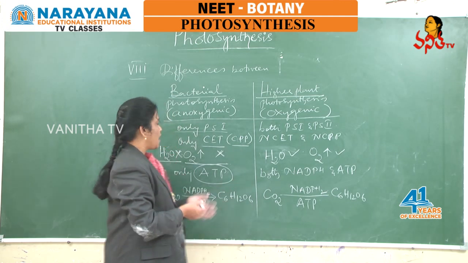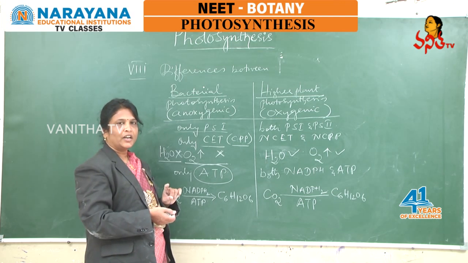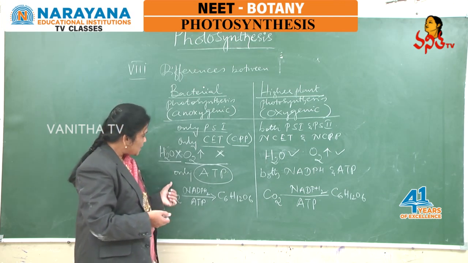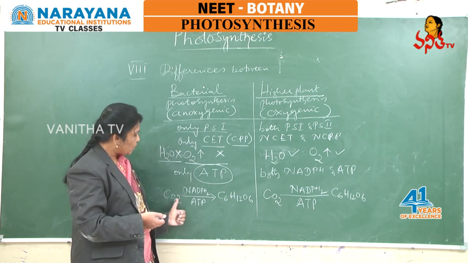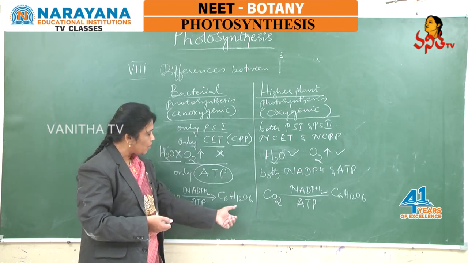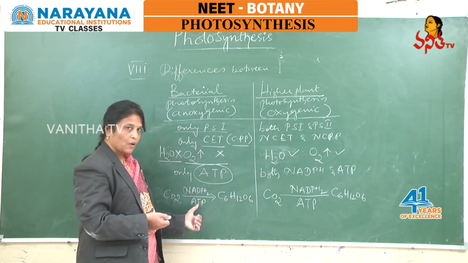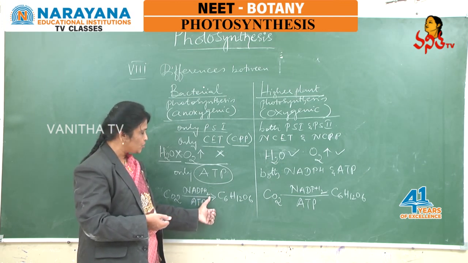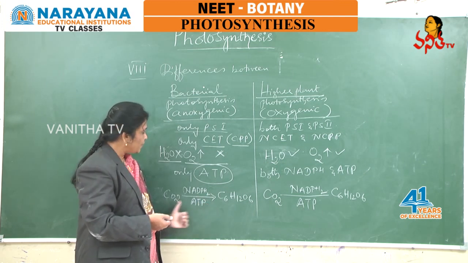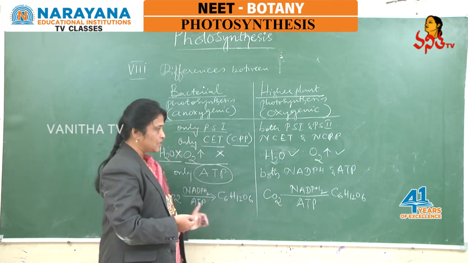But here we have to focus on the point observed by Van Niel. As Van Niel observed, in bacterial photosynthesis also carbon dioxide is reduced to carbohydrate by utilizing NADPH2. So the assimilatory power, that is ATP and NADPH2 utilization, is common for both bacterial photosynthesis as well as higher plant photosynthesis.